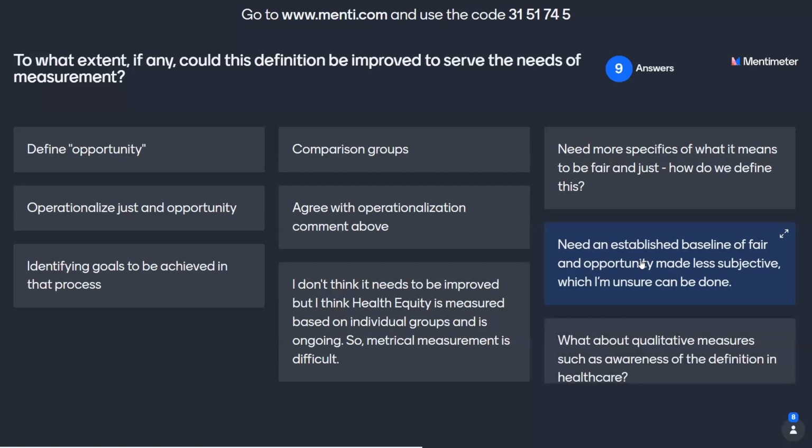Agree with the operationalization, how can I not say that word right now, of the comment above. Identifying goals to be achieved in that process, I agree. I don't think it needs to be improved, but I think health equity is measured based on individual groups and is ongoing. So metrical measurement is difficult, okay?